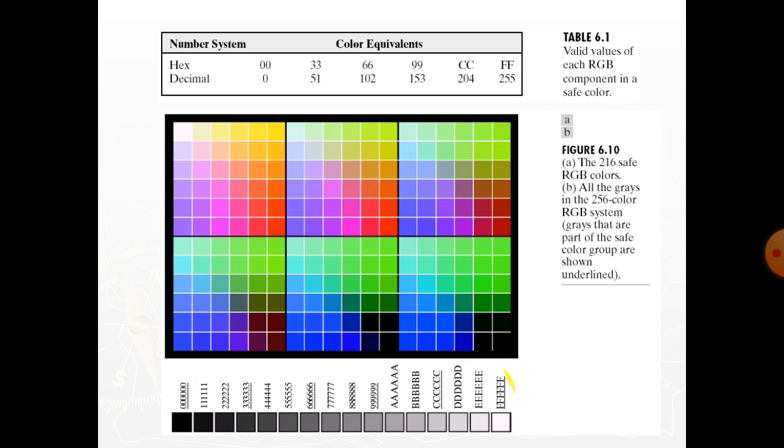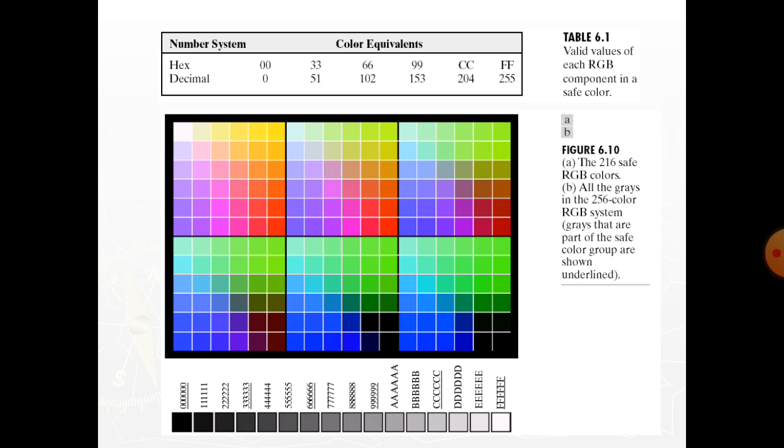This figure shows the hex codes for all the possible gray colors in a 256-color RGB system. Some of these values are outside of the safe color set but are represented properly.